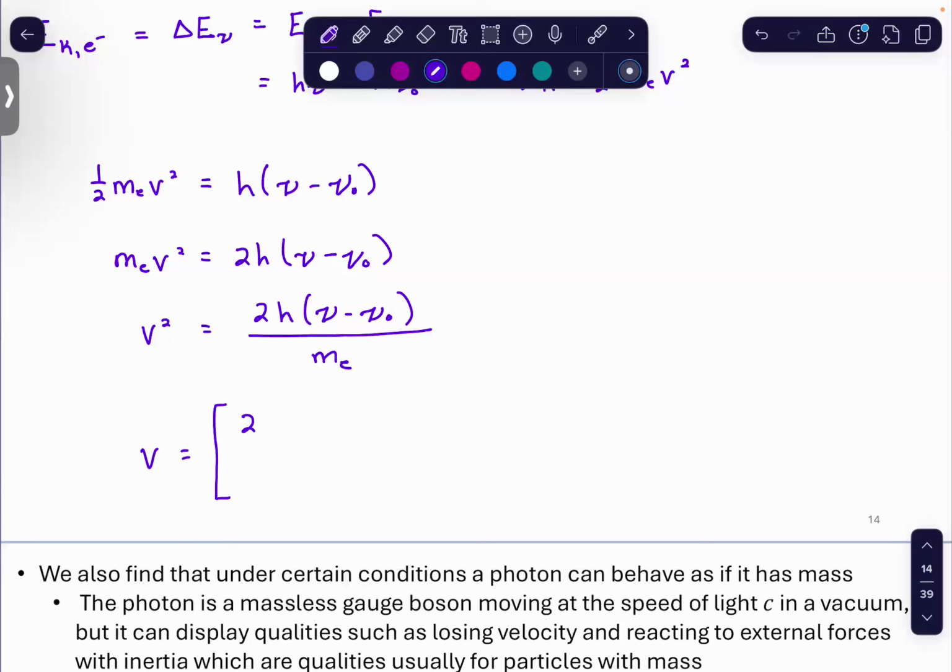I don't like drawing square root symbols. And so you have the velocity of a photoelectron.